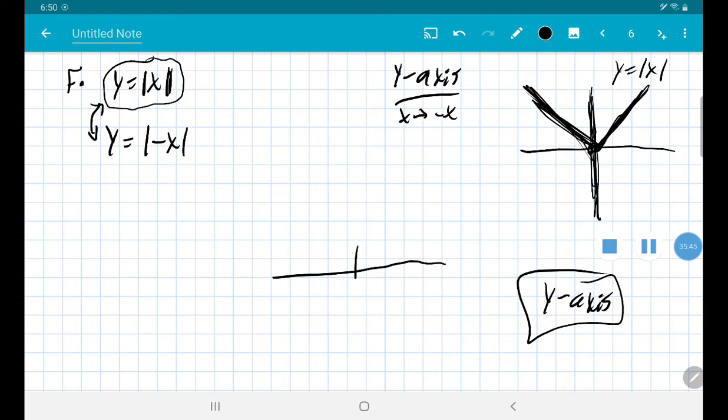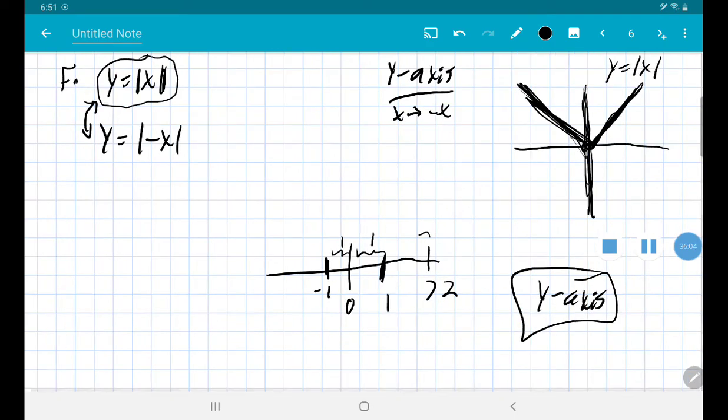So if I were to go like number line, the point 1 has a distance from 0 of 1. Likewise, the value negative 1 also has a value of 1 from the origin. If I go out to 7, or even 72, 72 is a distance of 72 from the origin, or from 0. Likewise, negative 72 has an absolute value, or distance from the origin.